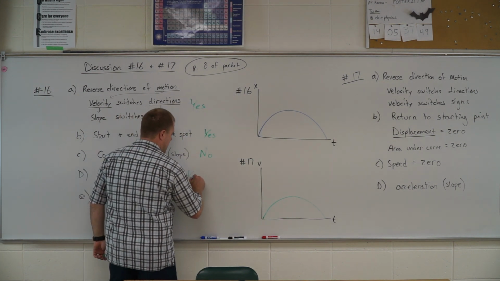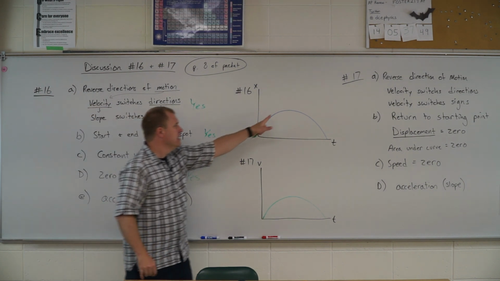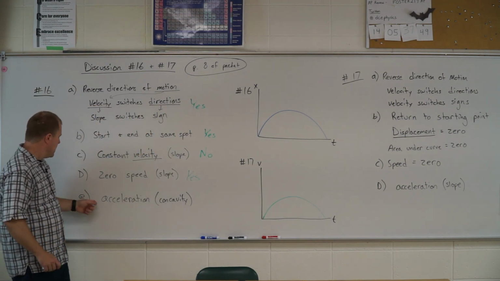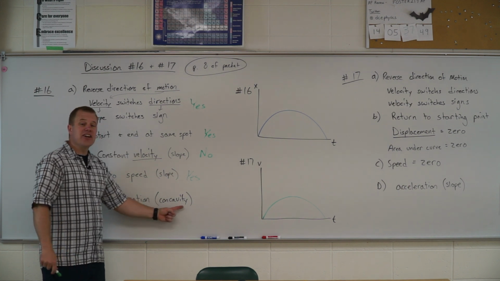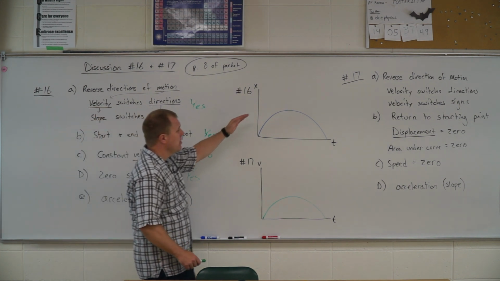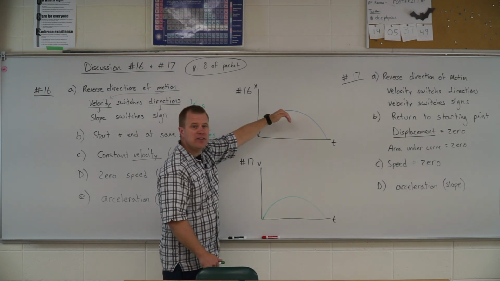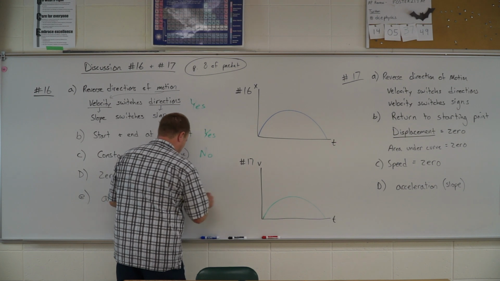So yes, for just a split fraction of a second, for an instant in time, it does stop. E asks, is there an acceleration? So basically it's asking, is there concavity, is my curve curved? Yes, it's curved and it's concave down, and so that means I have a negative acceleration. So here is a yes again.